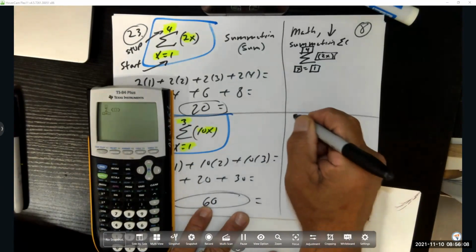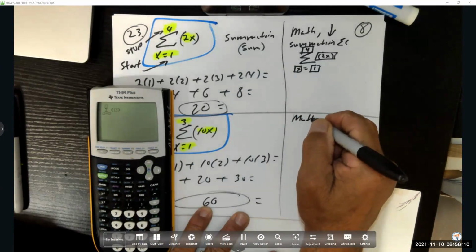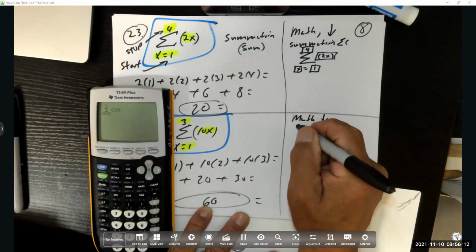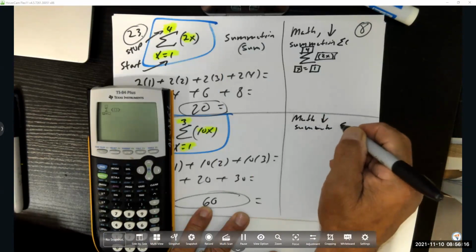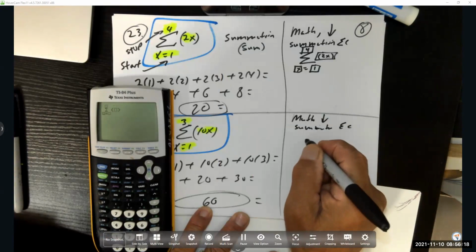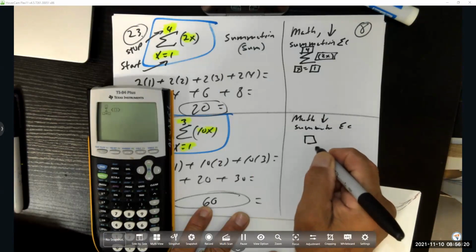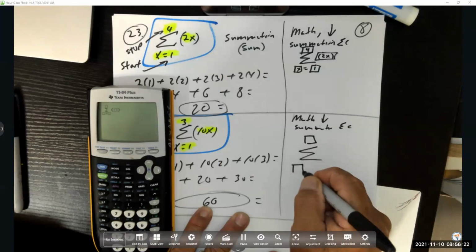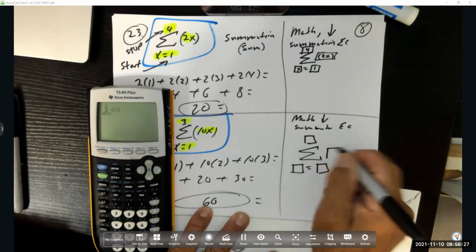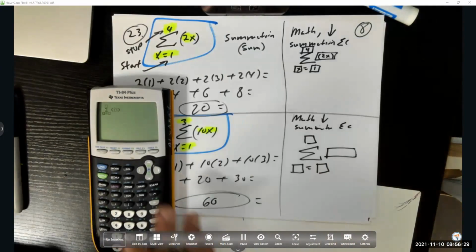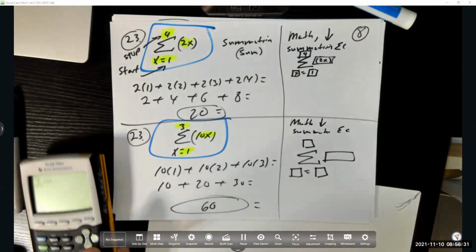All right, so now I'm gonna do the same thing for this one. Math, down arrow, summation again. It's gonna go again: the block right here, a block here, a block here, and a big block there. And inside those little blocks, you know what you're gonna put, right?